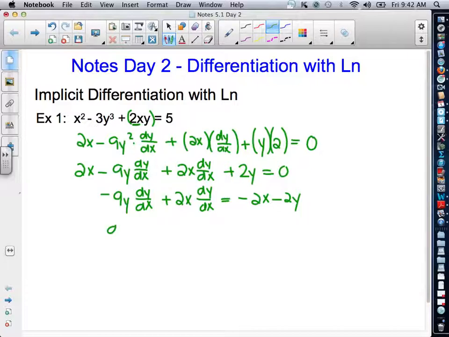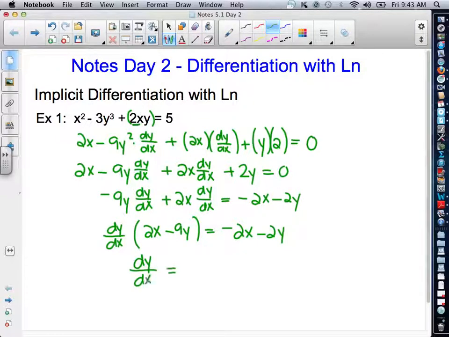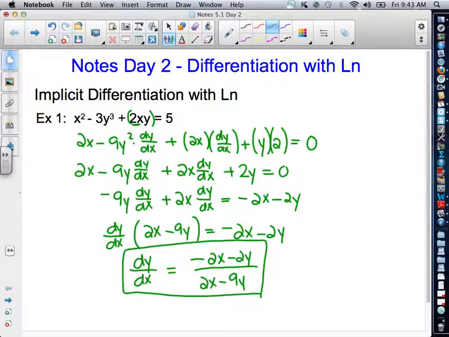I can factor out dy over dx. So I'm left with 2x minus a 9y. Then I can divide both sides by that 2x minus 9y. Negative 2x minus 2y over 2x minus 9y. You can leave it like that.